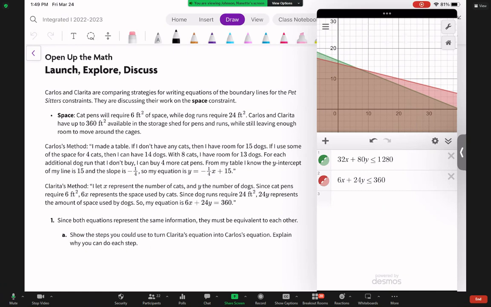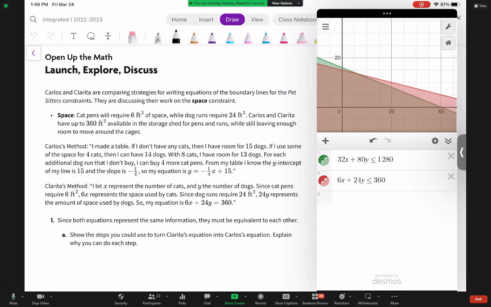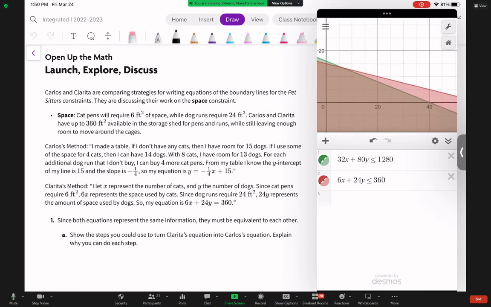Pause. Where do you see the slope being negative 1/4? Where do you see that?